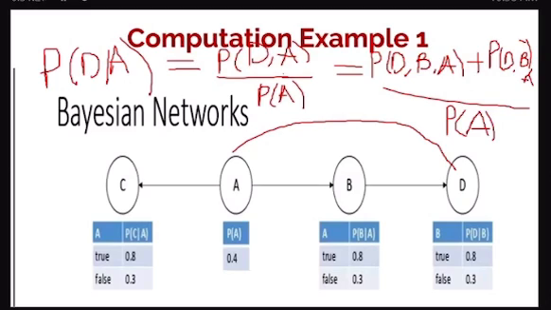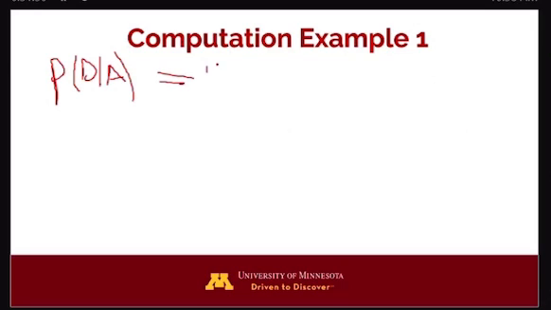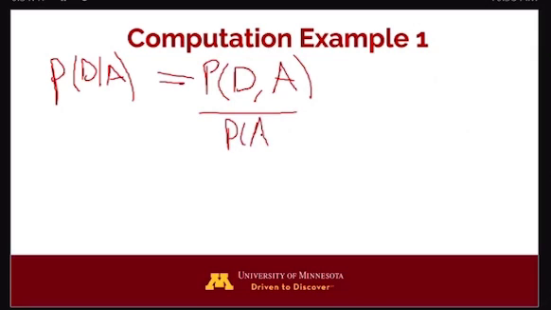So this is going to be the probability of D, A, like I said, using the joint conditional probability divided by the probability of A. Because you go from A to D, you pass through B. It's either you have D, comma B, comma A, or, meaning plus, B is not observed.